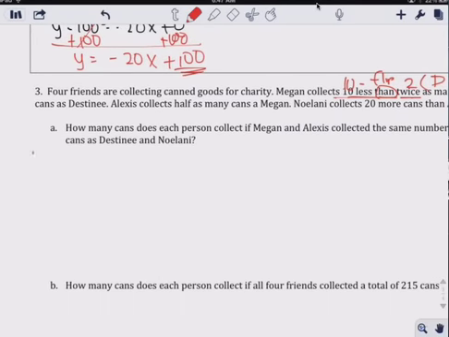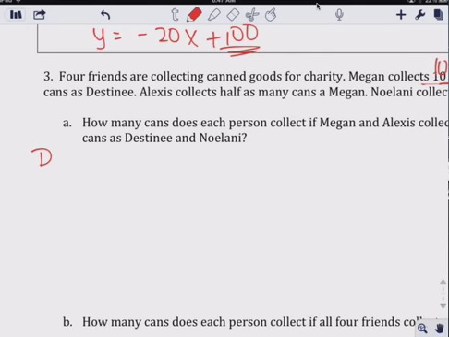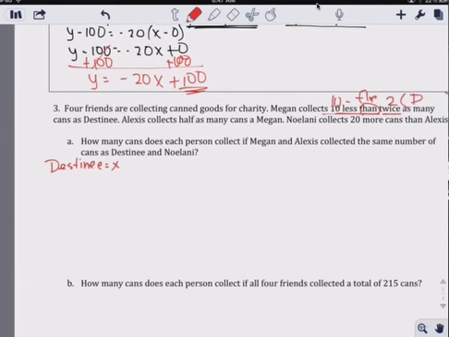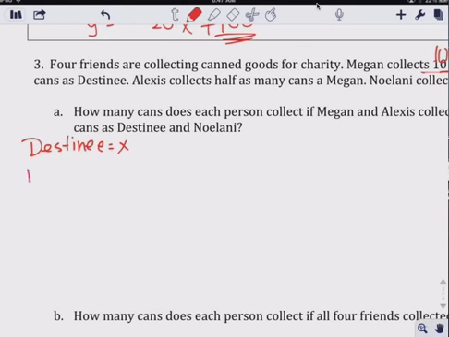We don't know Destiny. I'm gonna write small because I didn't give myself much room in here. Destiny, we don't know. Give it X. Megan, we know Megan.